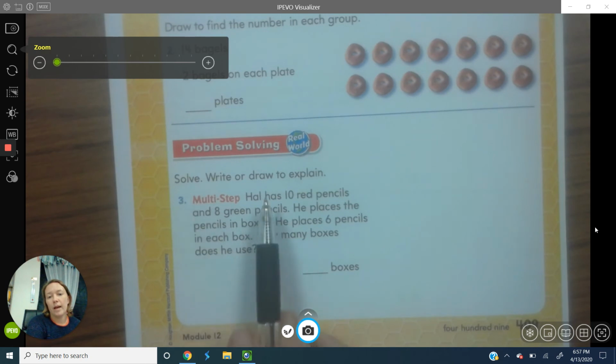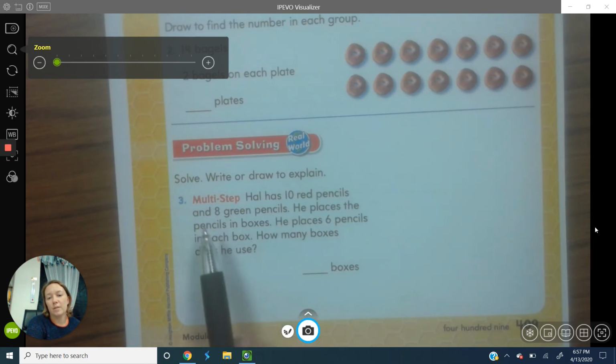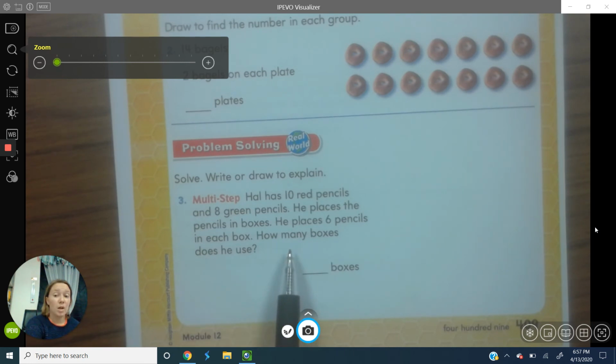Number 3, he has 10 red pencils and 8 green pencils. He places 6 pencils in each box. We don't know our groups. We know our total, so we draw our total number, and we're going to have to find our boxes, our groups.